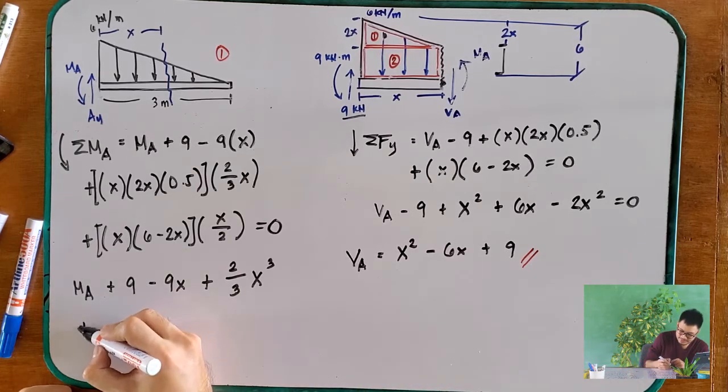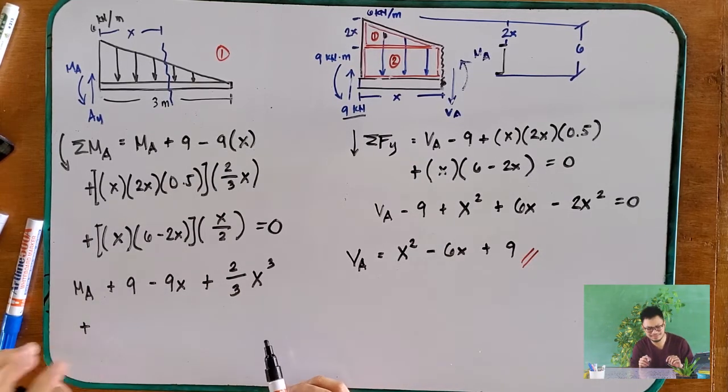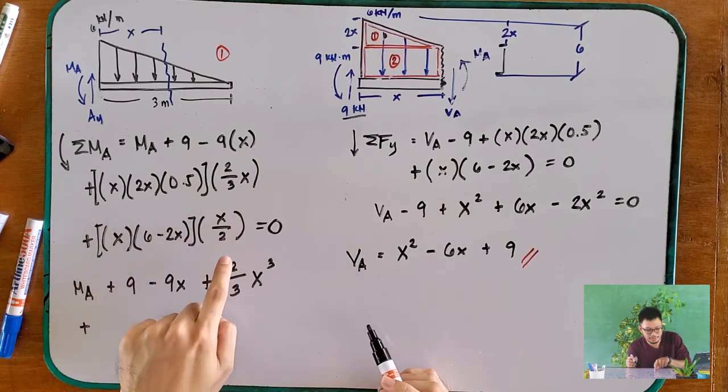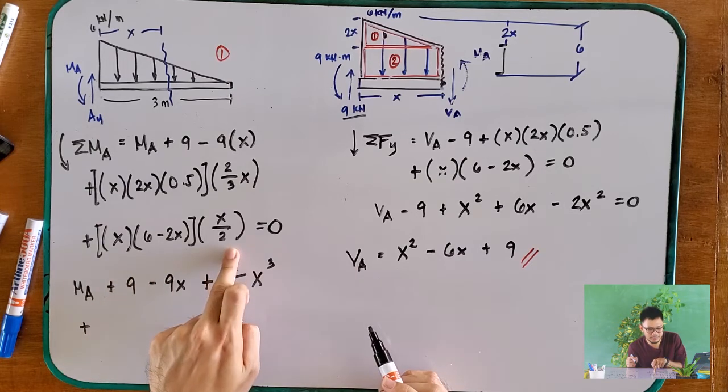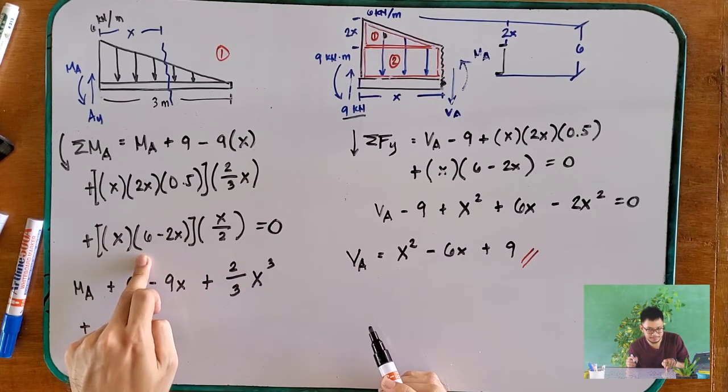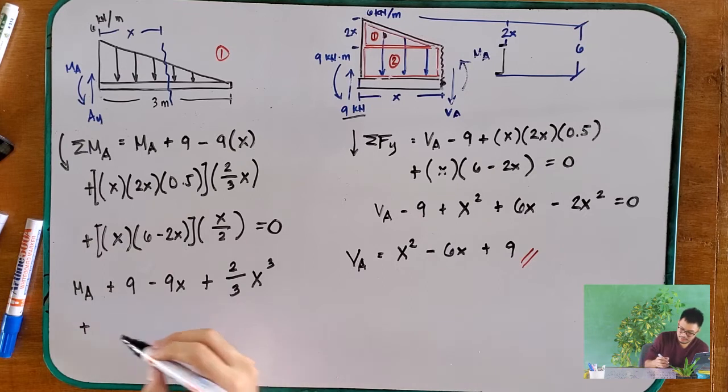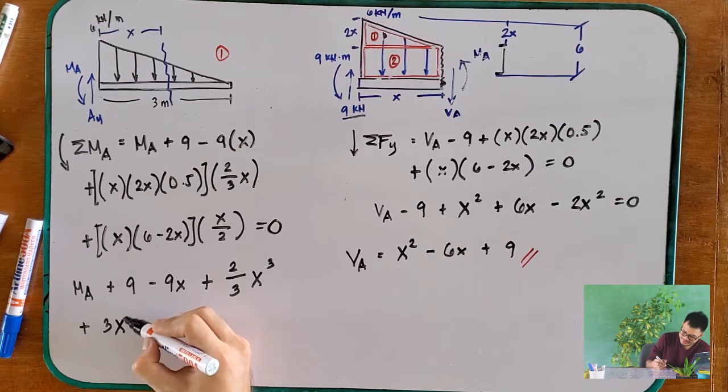Next. Plus x squared over 2, right? x squared over 2 times 6, 3x squared.